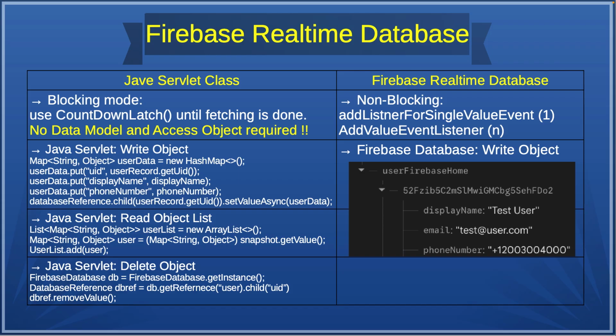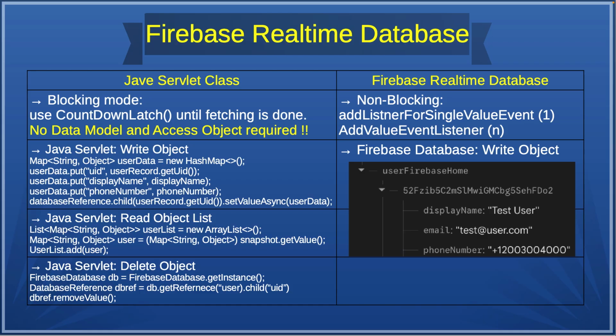Okay, Firebase real-time database between a Java servlet class and Firebase real-time database: there are different methods. A Java servlet class is in blocking mode, which means within the servlet class, it will be waiting until the method thread finishes, and then exit the Java servlet class and redirect or forward to a Java server page.